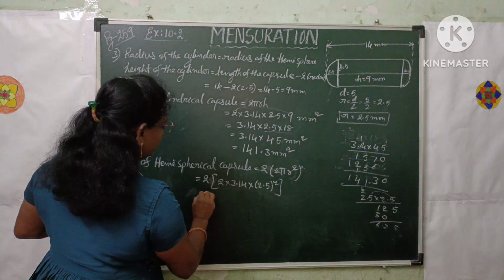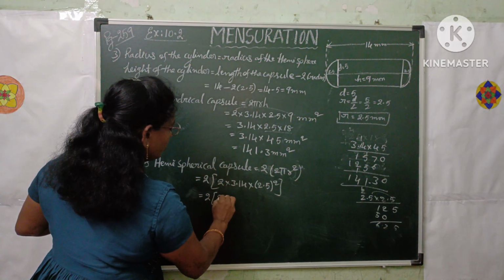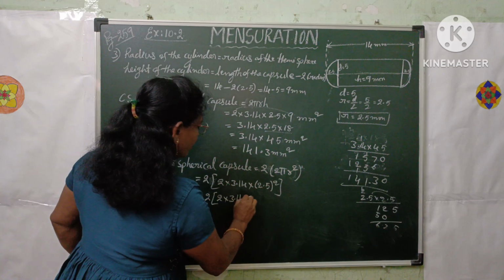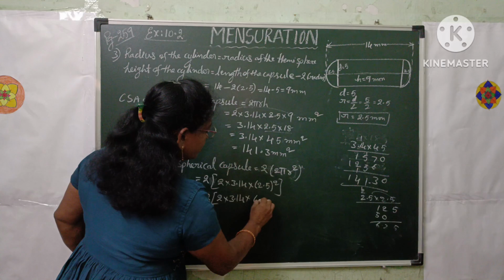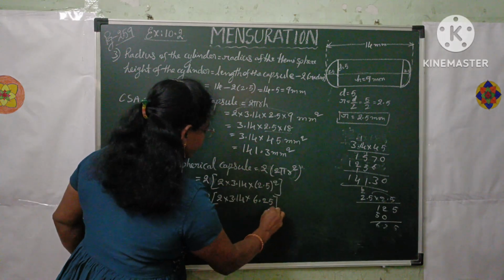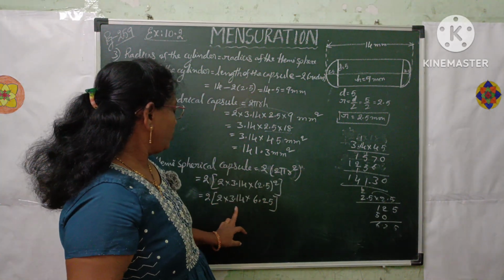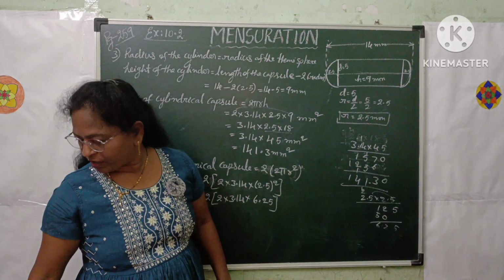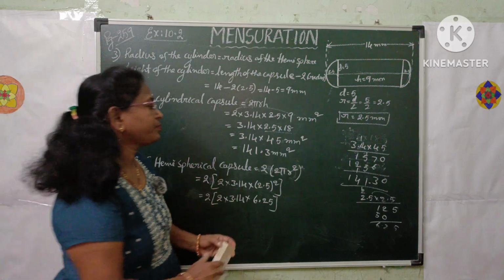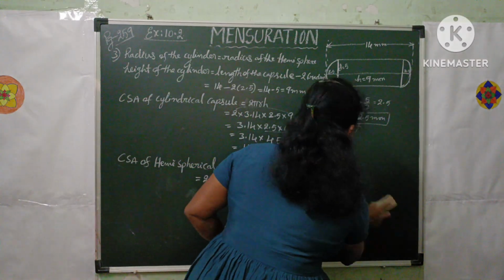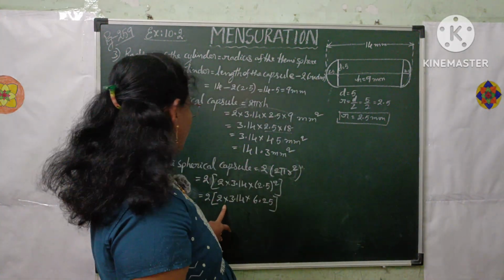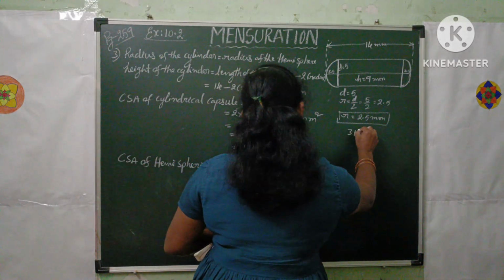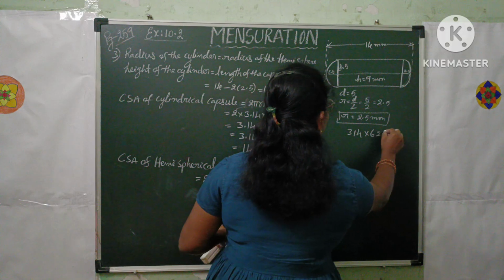That is equal to 2 into 2 into 3.14 into 6.25. Now we have to multiply these three and again multiply. Multiplication part is more. Now we have to multiply these two. 314 into 625.